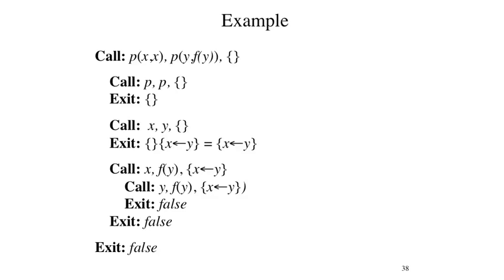We'd have to bind y to f of y. But remember the condition I mentioned on variable assignments: we must not ever bind a variable to a term which contains itself. Since f of y contains y, the unification process in this case fails, and the unification process as a whole fails.